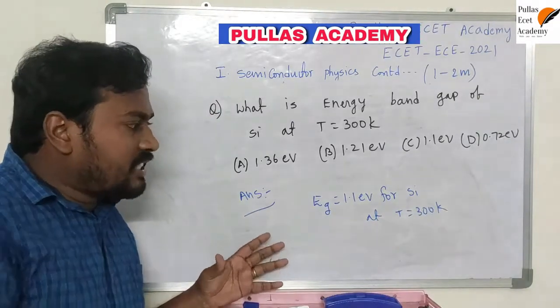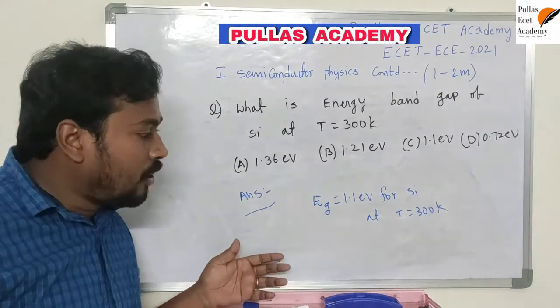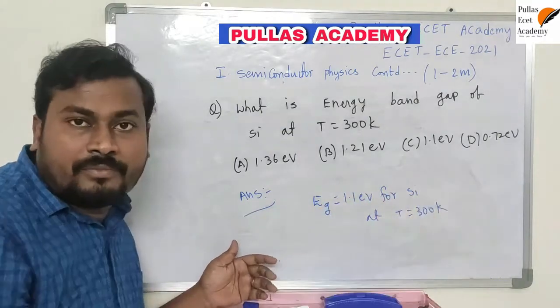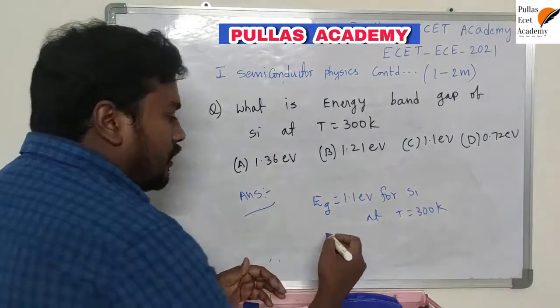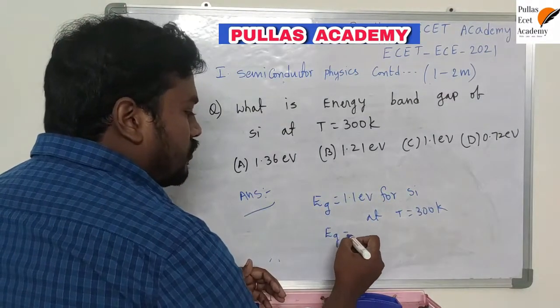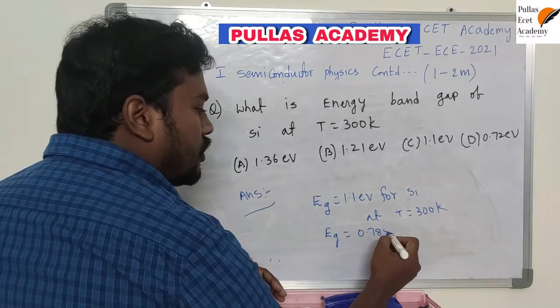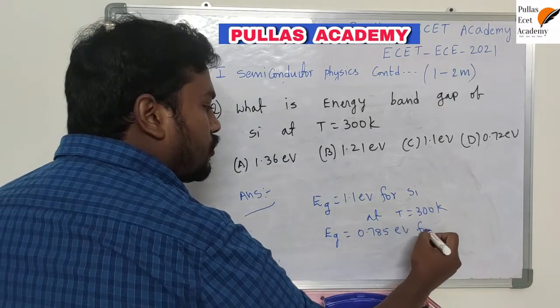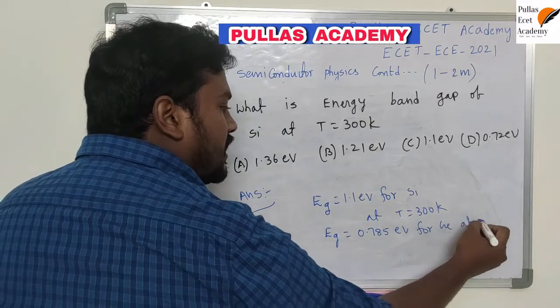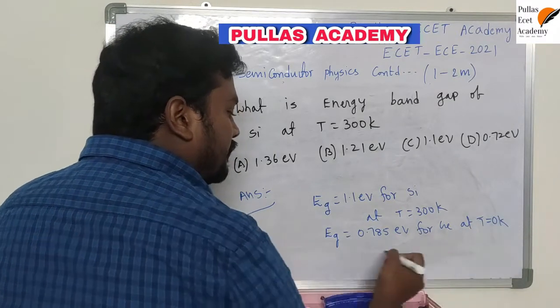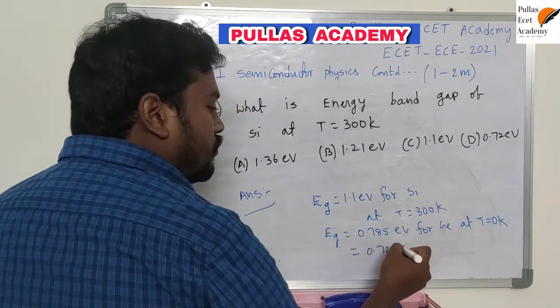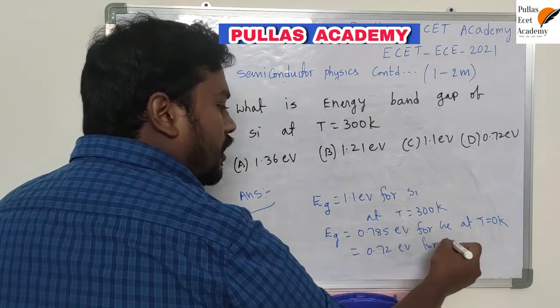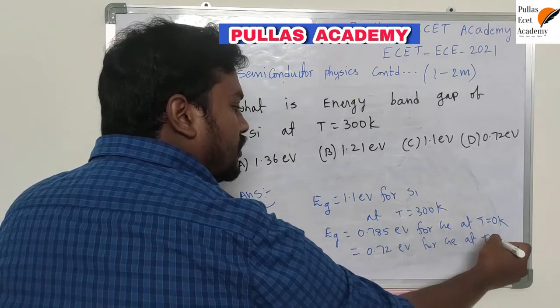Okay. So sometimes they might ask what is the energy gap for germanium, that is another semiconductor. So those values also I am giving. So energy gap is equal to 0.785 electron volts for germanium at T equal to 0 Kelvin, and it is 0.72 electron volts for germanium at T equal to 300 Kelvin.